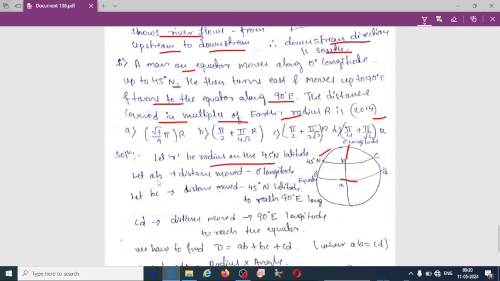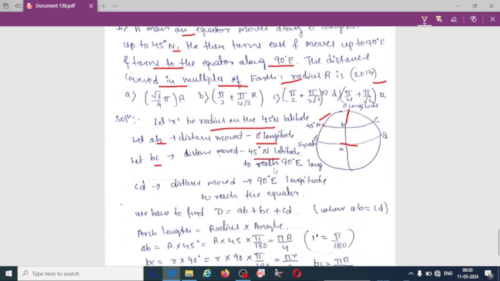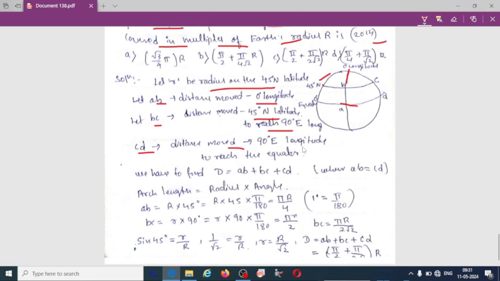AB is the distance moved along 0 degree longitude. BC is the distance moved along 45 degree north latitude to reach 90 degree east longitude. CD is the distance moved along 90 degree east longitude to reach the equator.